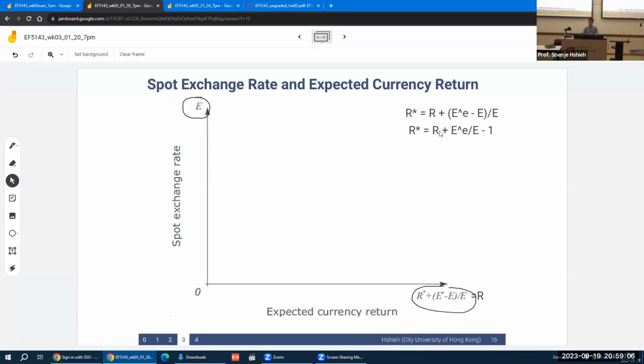Okay, so if we increase R, let's just start at this E here, and I increase R. That means this entire right-hand side is now greater than the left-hand side.